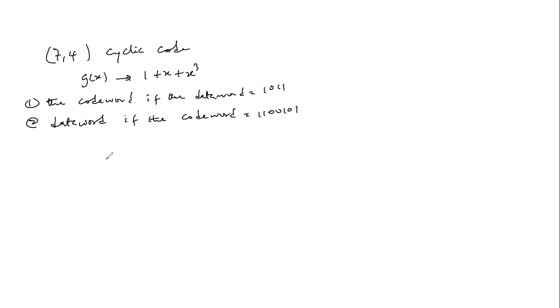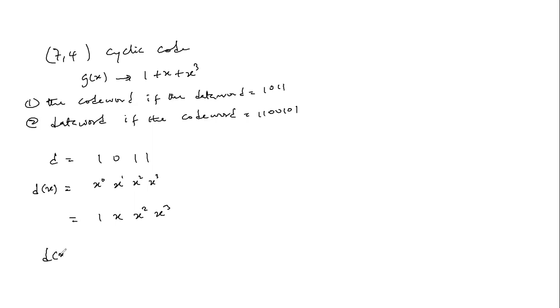So in this case, we represent the data word in equation form such that D is the same as 1011, such that d(x) will be d0, d1, d2, d3, which would be the same as 1, x squared, x cubed.